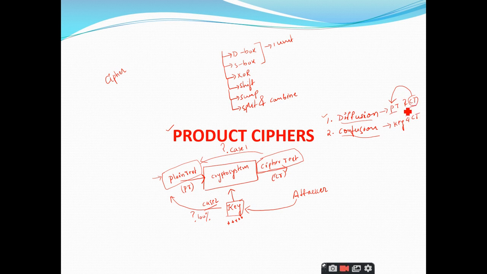They are strongly related. That means if there is a small change in the plain text, even if you change one bit of plain text here, then a lot of bits get changed in the ciphertext, or the entire ciphertext may change, right?